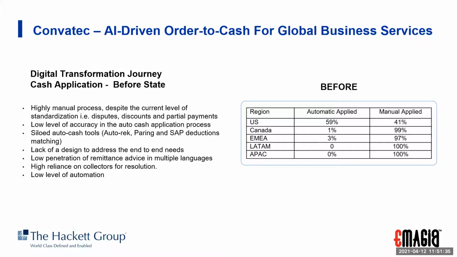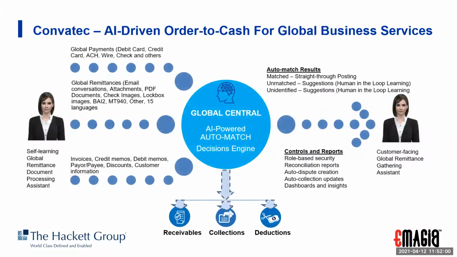And also there was low penetration of remittance advice in multiple languages actually, which is what made it people dependent. And as you can see, the automation which we had before was at this stage in various markets, which was not great, I would say, at the start. Next slide, please.